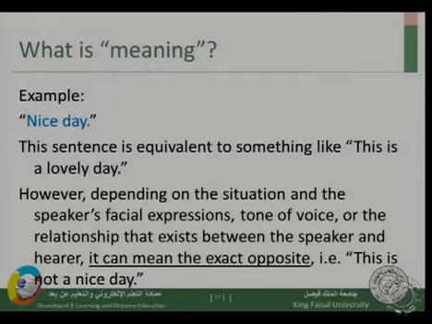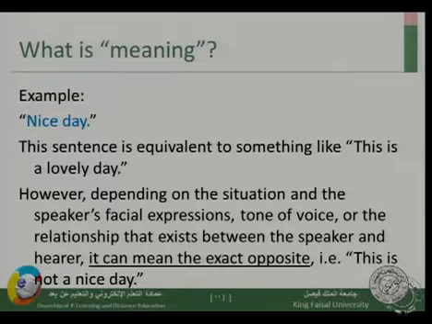However, if you look at the situation and the speaker's expressions, his tone of voice, the relationship between the speaker and the listener, there might be some animosity between them, they might be in a fight or something like that, the meaning changes. So here we'll be looking at speaker meaning or utterance meaning.